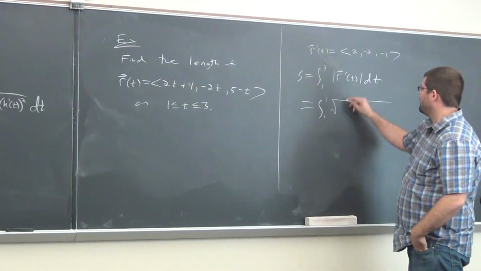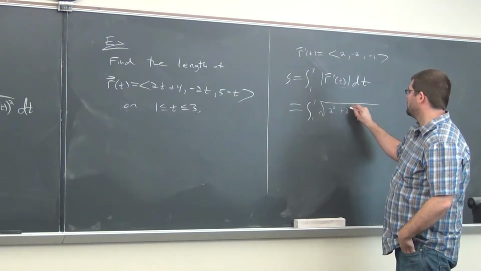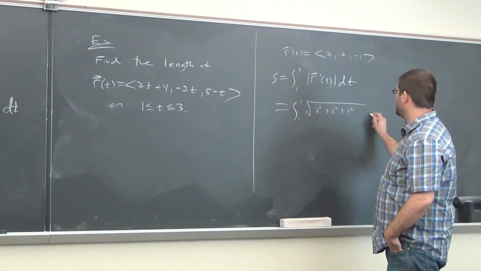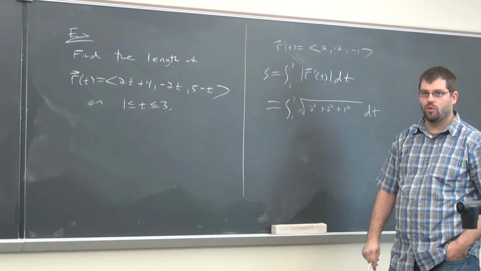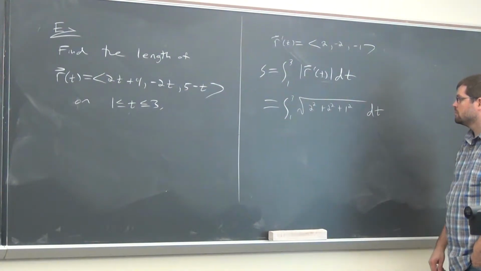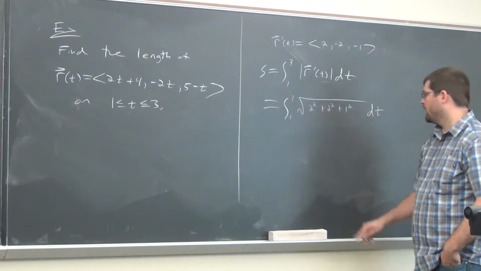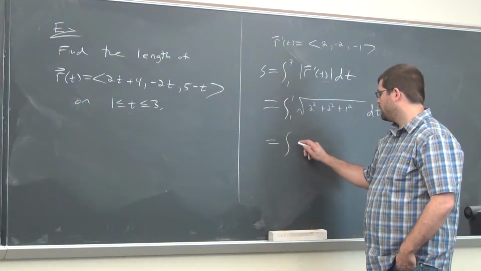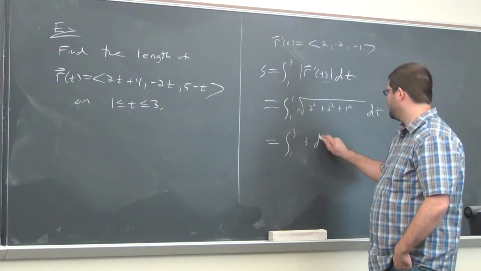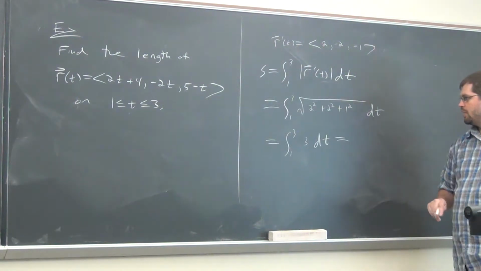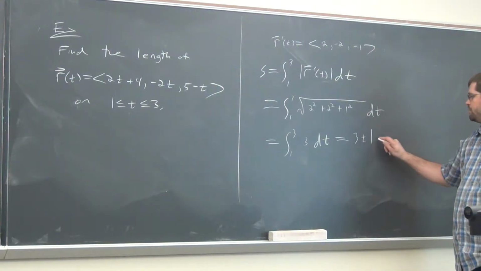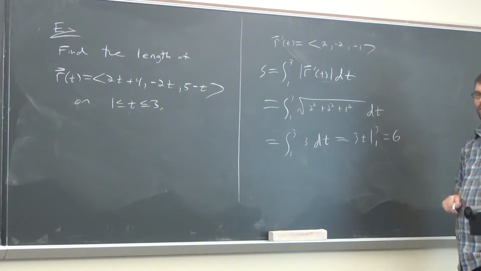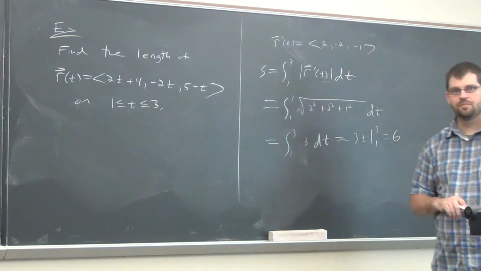So the magnitude of that vector is the square root of 2 squared plus 2 squared plus 1 squared, which is the square root of 9, so 3. So we get the integral from 1 to 3 of 3 dt, which is 3t from 1 to 3, and so we should end up with 6. Make sense?